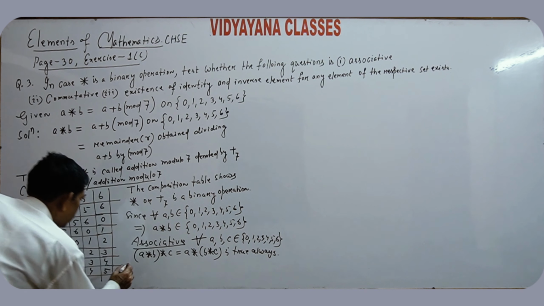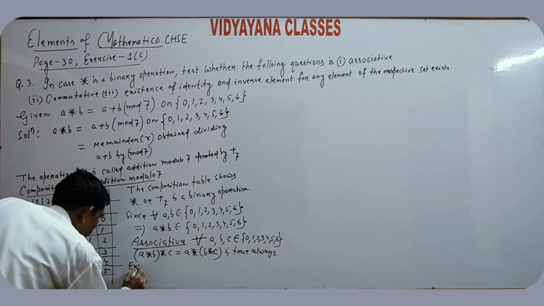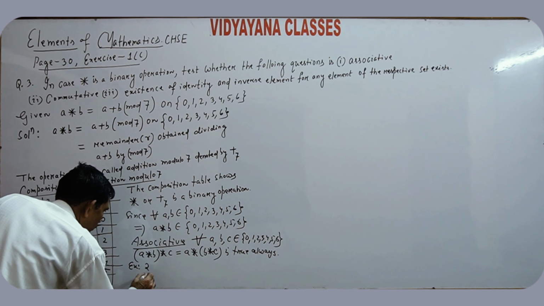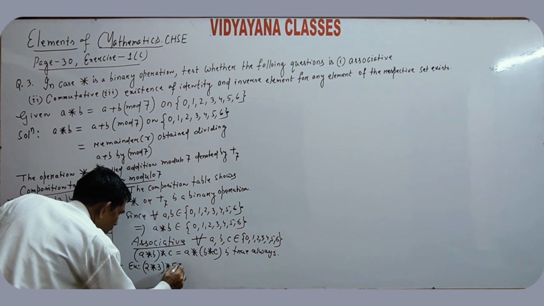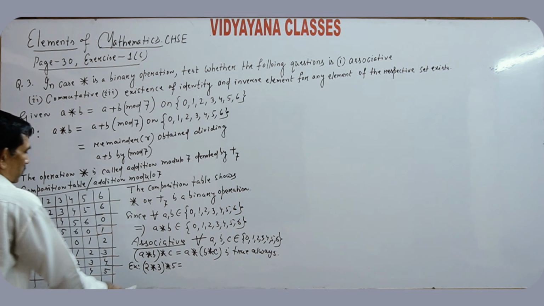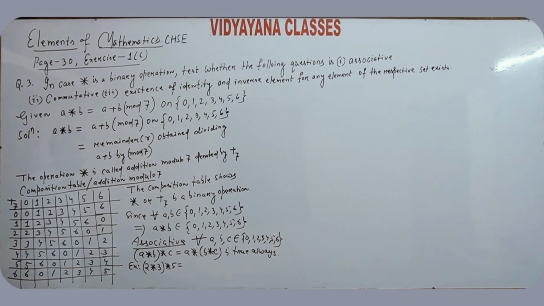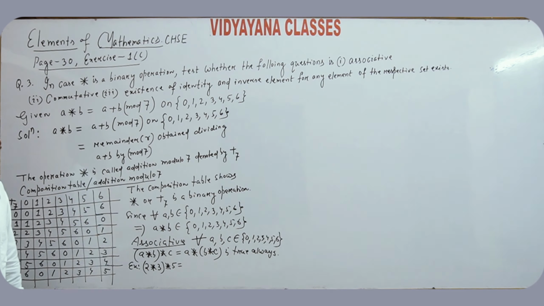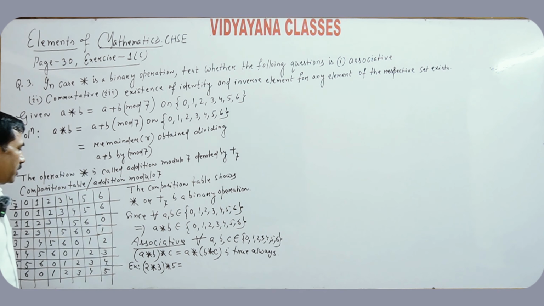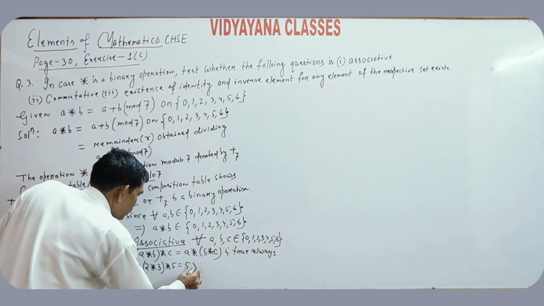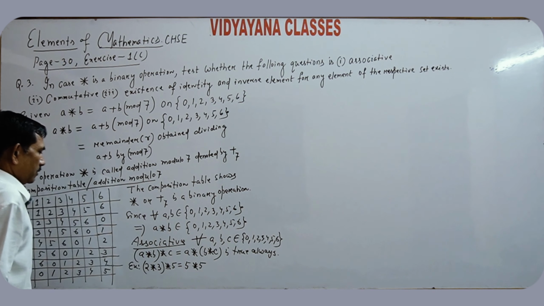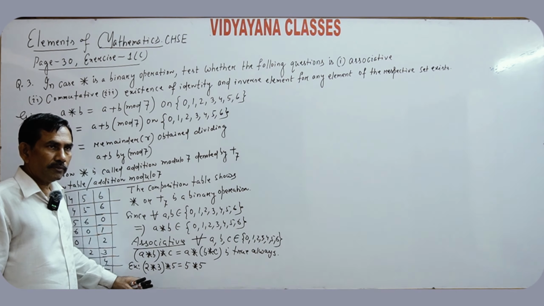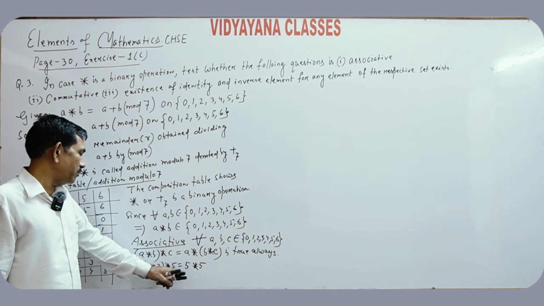For example, (2 star 3) star 5. 2 star 3 is 2 plus 3 that is equal to 5, and 7 divides 5 gives the remainder 5.